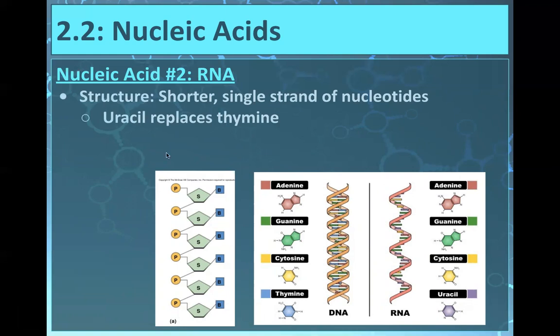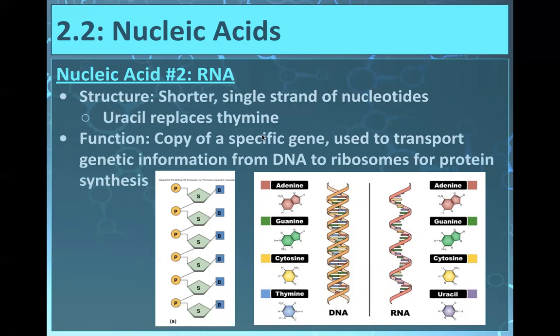Some of the main differences, of course, are the single strand, but also uracil is a different nitrogenous base, and it will be used in RNA instead of thymine. So the function of RNA, like I said, is to copy a specific gene and then transport that information from the DNA to ribosomes in order for proteins to be made.